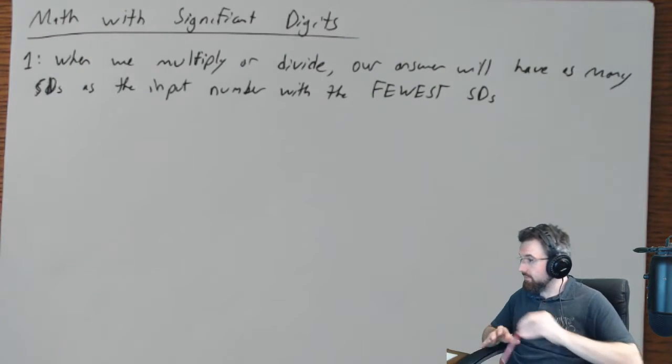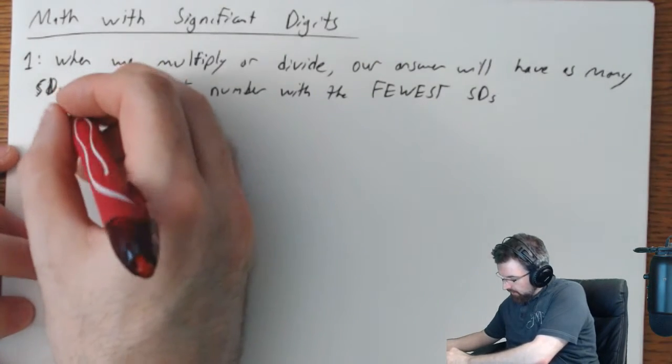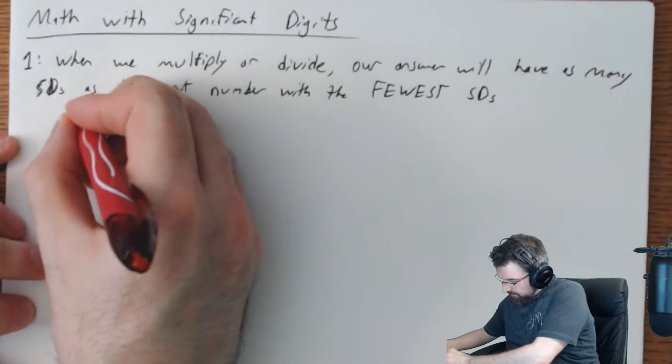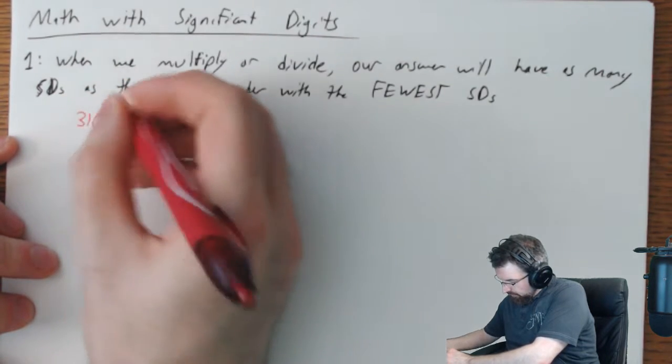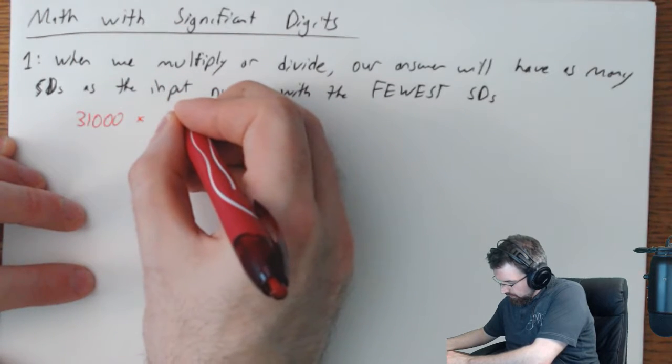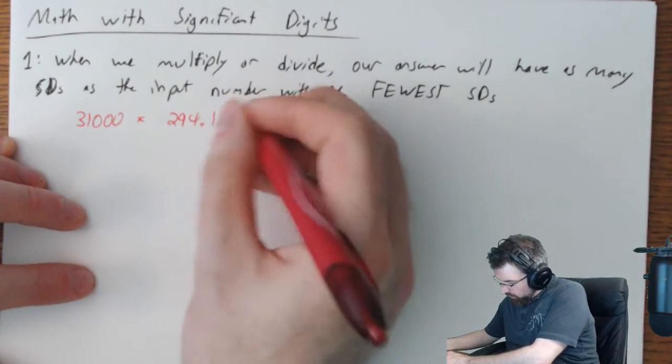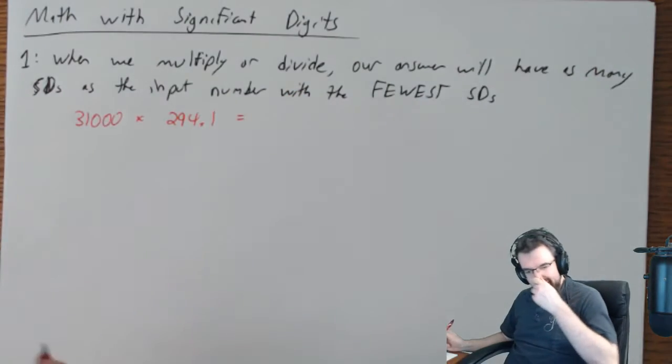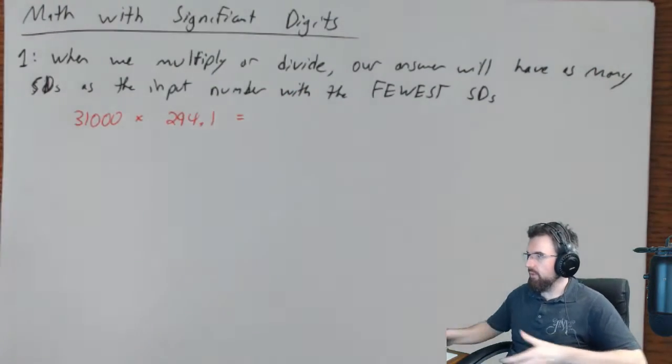Okay, what do I mean there? Well, say we had 31,000 times 294.1, and say these were both measured quantities.